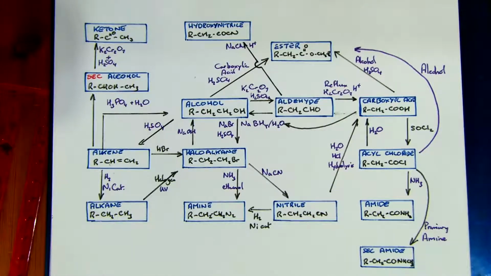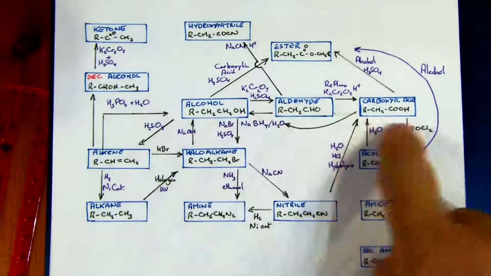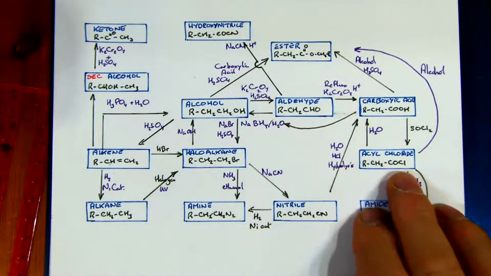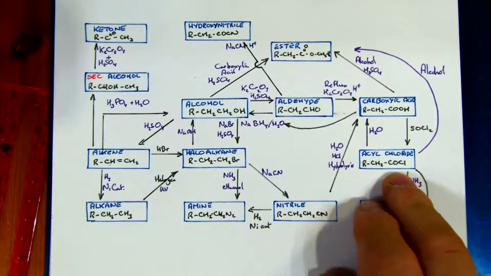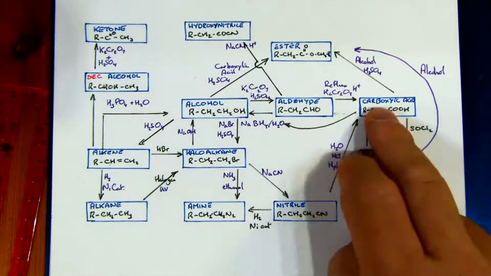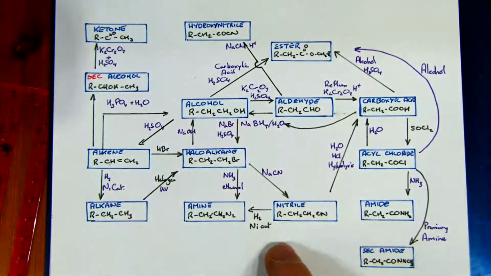And what they will usually do is they'll give you one of these things, but they'll miss something out. And this makes life reasonably difficult, I suppose, because you have to jump from here to there or whatever. I might be given an acyl chloride and I need to make an alcohol. And you have to realize you might need to make a carboxylic acid before you can make the alcohol.